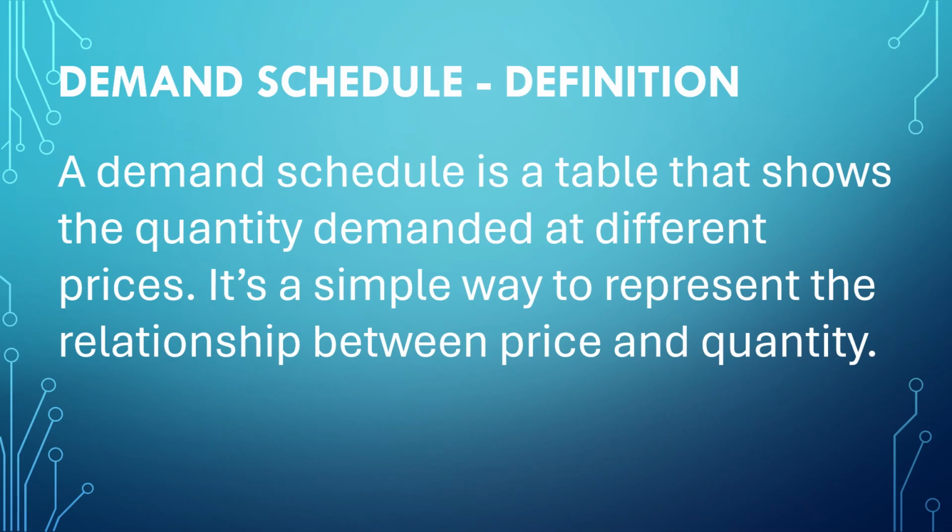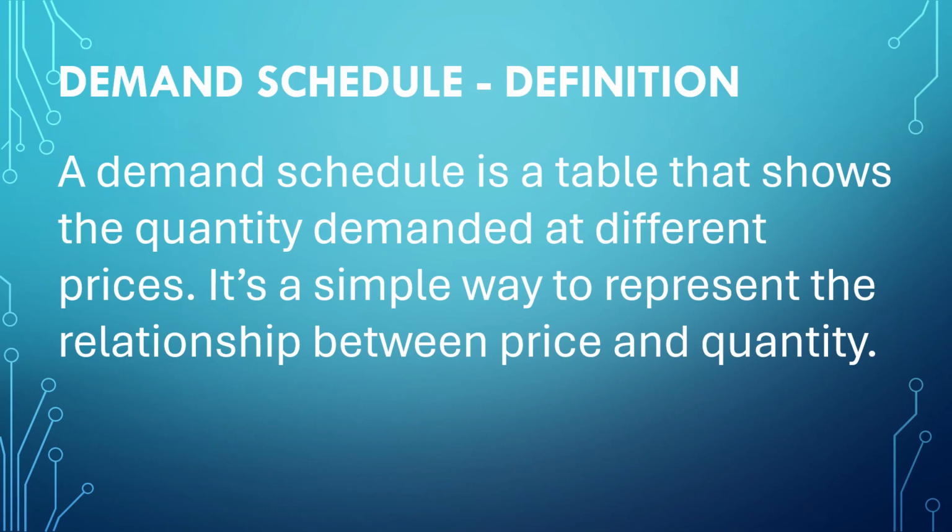Let me show you an example from the table that we just saw. The prices are 2, 4, 6, 8, then 10. On the right hand side, we have the corresponding quantity demanded: 20, 10, up to 4 cups.